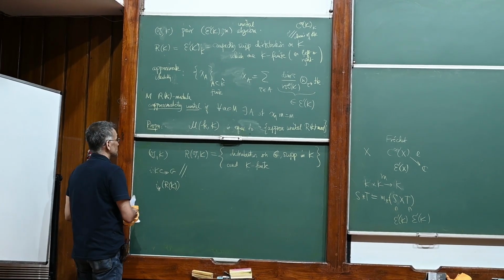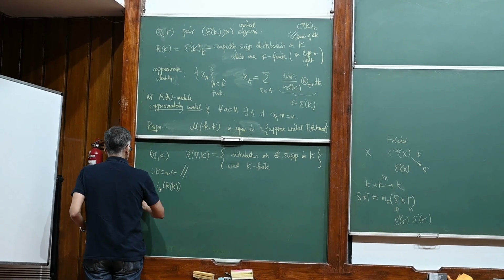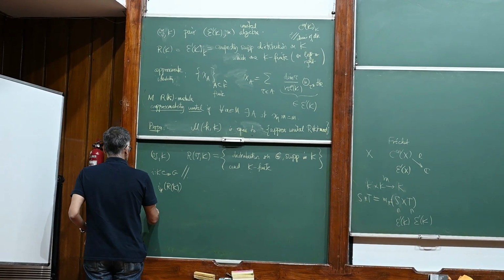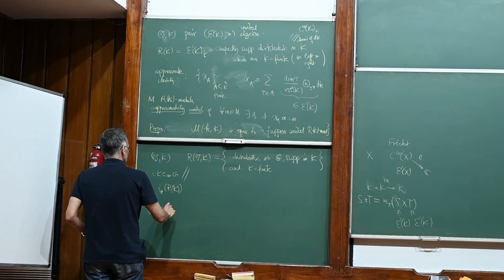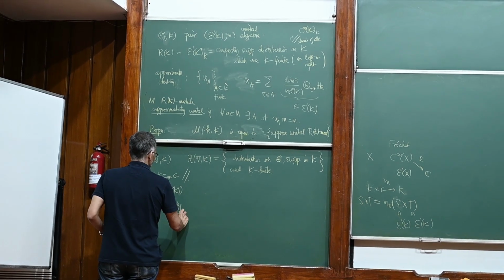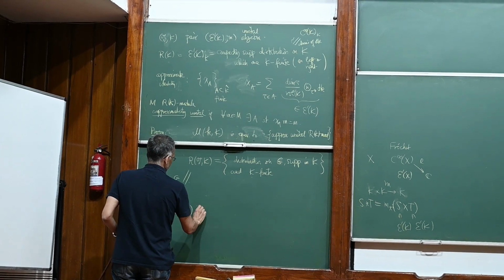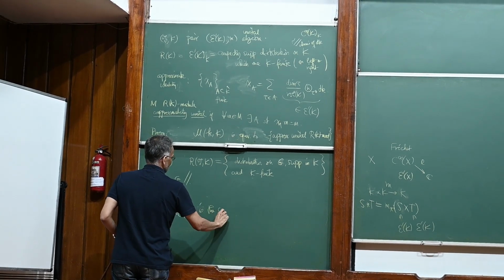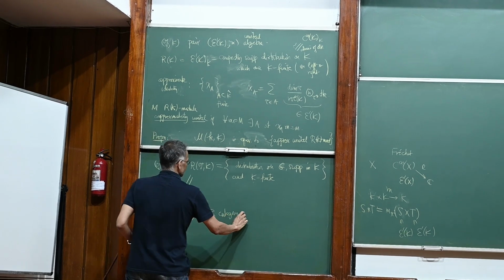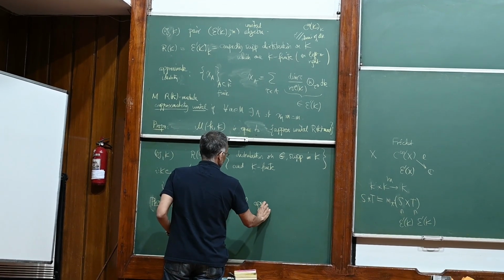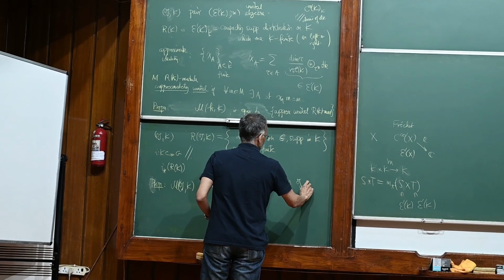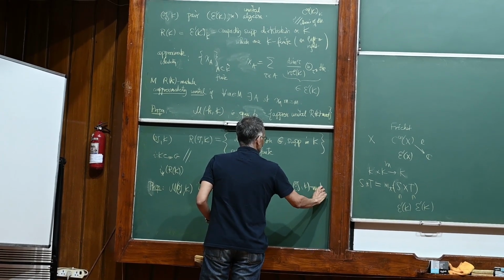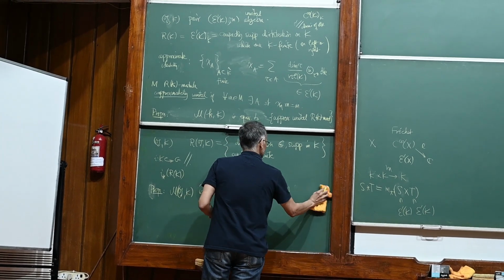Okay, and this proposition continues to be true. So I'll just state it, maybe upgrade it to the proposition. M(g,K) is the category of approximately unital (g,K) modules, R(g,K) modules.